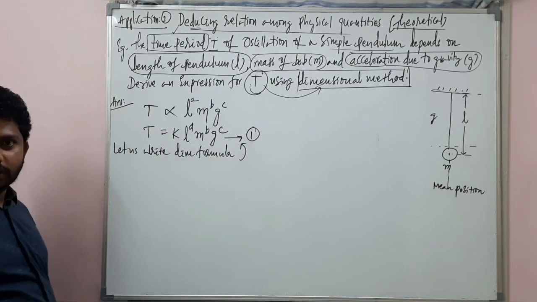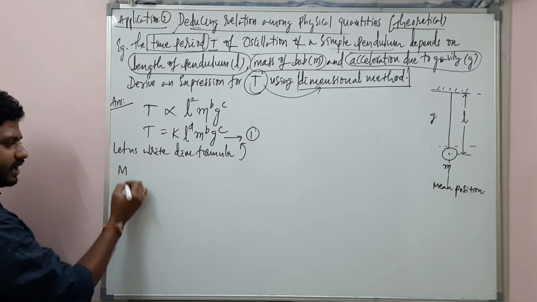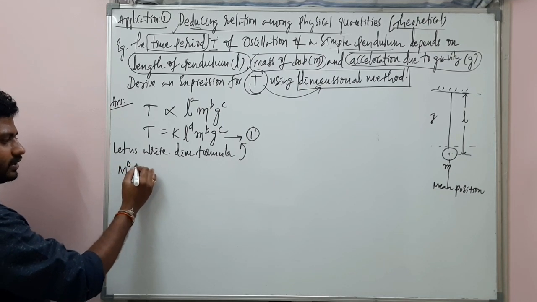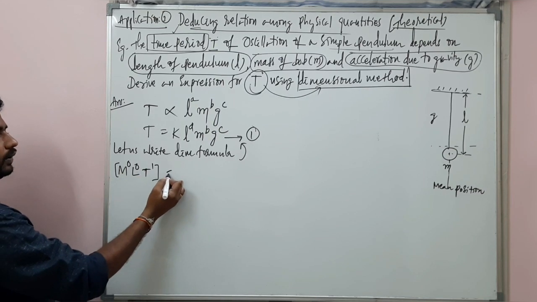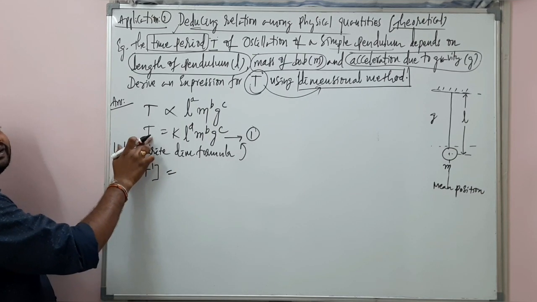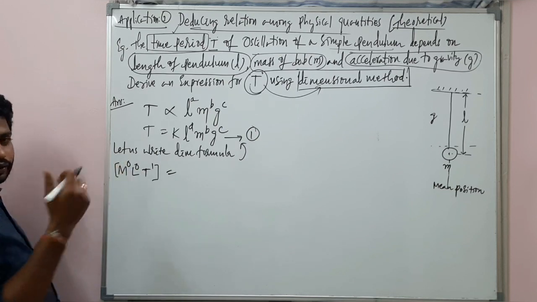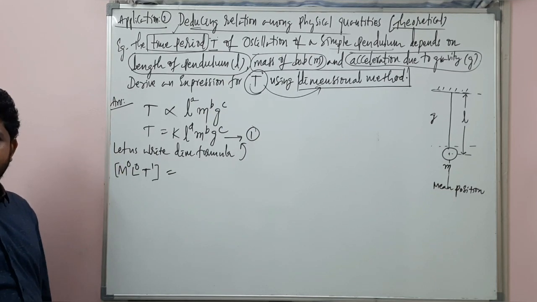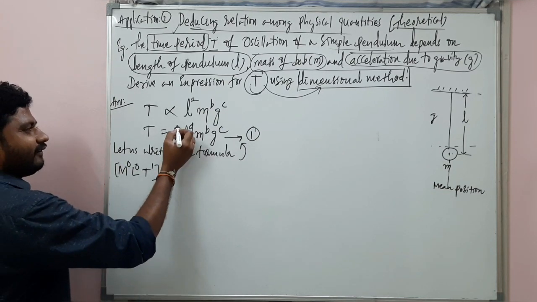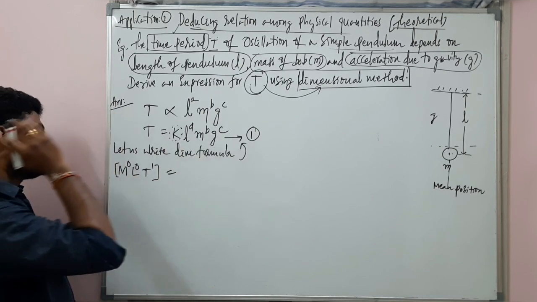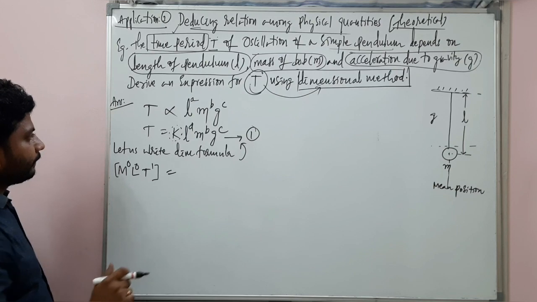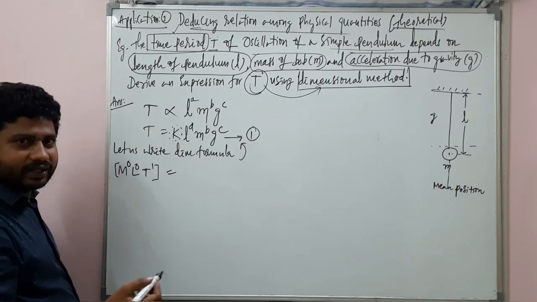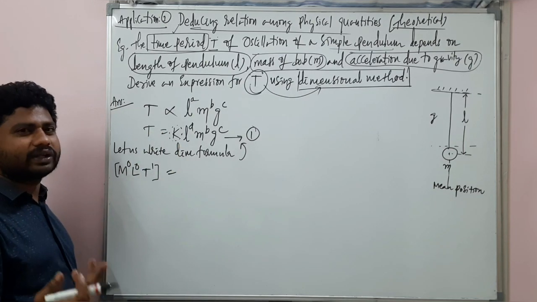Time period dimensional formula: I am writing this as M0 L0 T1, because it is simply time period T. That's why I just wrote M0 L0 also. There's no difference. This K will not have any dimensions because it is a constant. It will be a number. The proportionality constant is actually a number and will not have any dimensions.